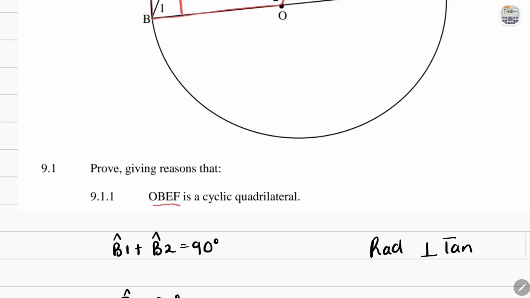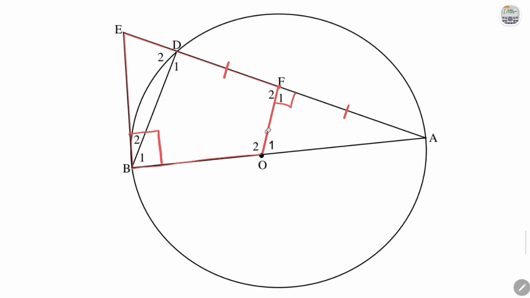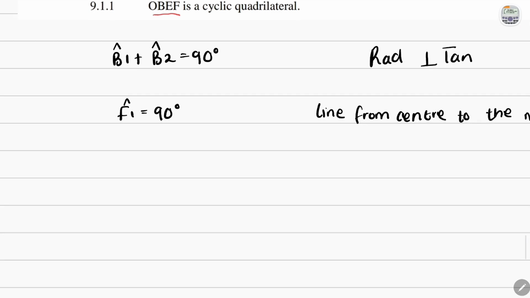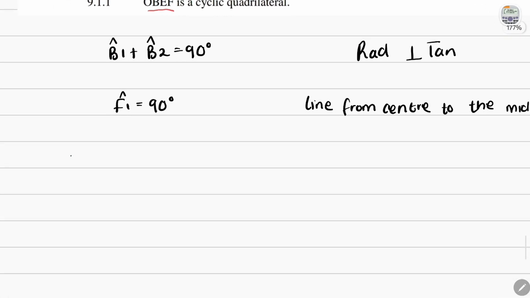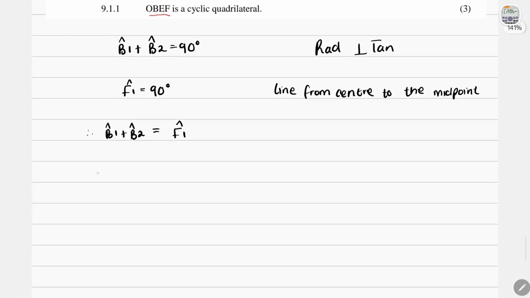And the reason is because we have a line from the center of the circle to the midpoint of the chord, and that line is perpendicular to the chord. And now do you see that they are both 90 degrees? So we can show them that angle B1 plus angle B2, that angle jointly, is equal to angle F1 because they're both equal to 90 degrees. So therefore, OBEF indeed is a cyclic quad.